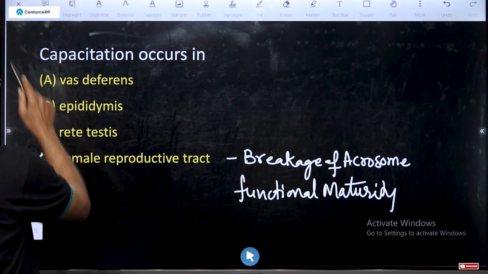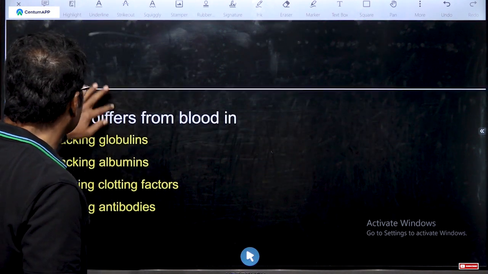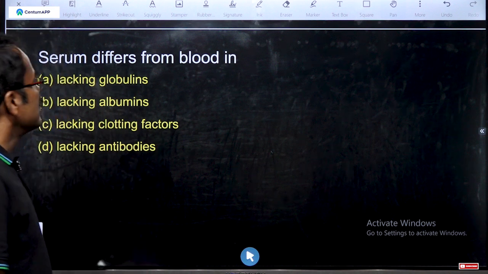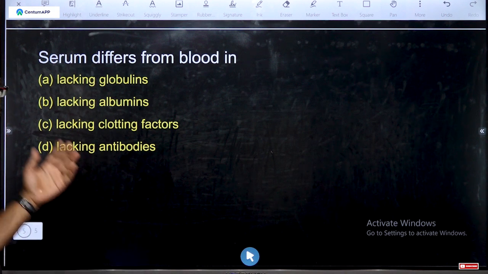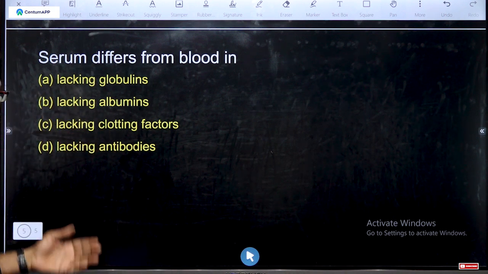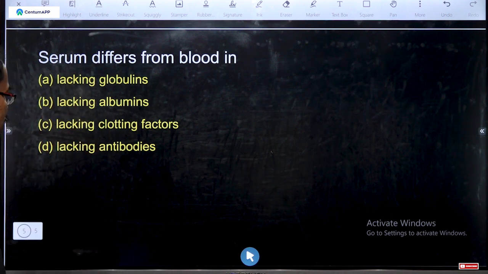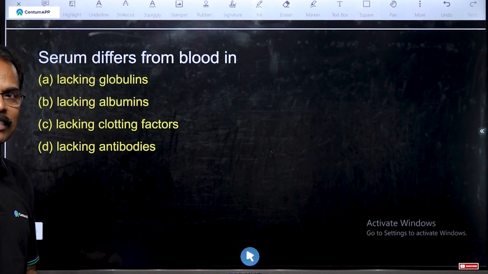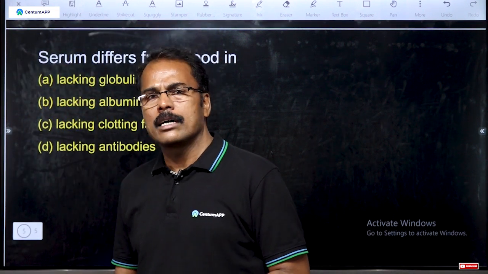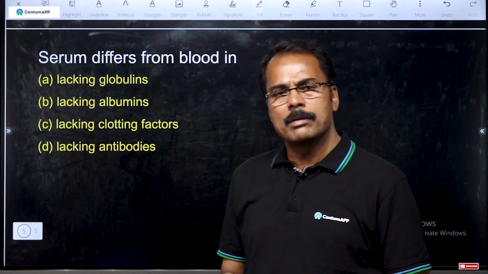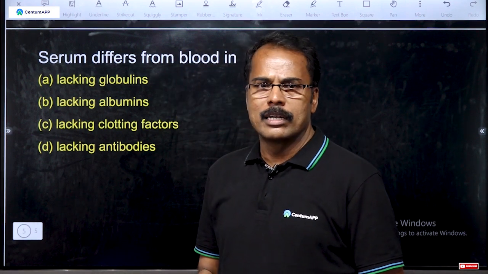The next question: serum differs from the blood in lacking globins, albumins, clotting factors or antibodies. Actually, what is meant by serum? Serum is a light or pale yellow colored fluid, or it may be called straw colored.